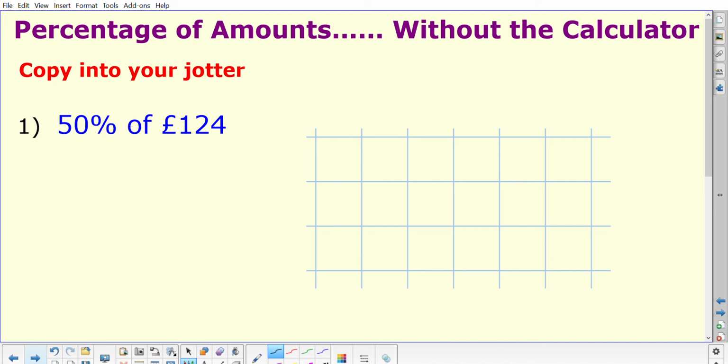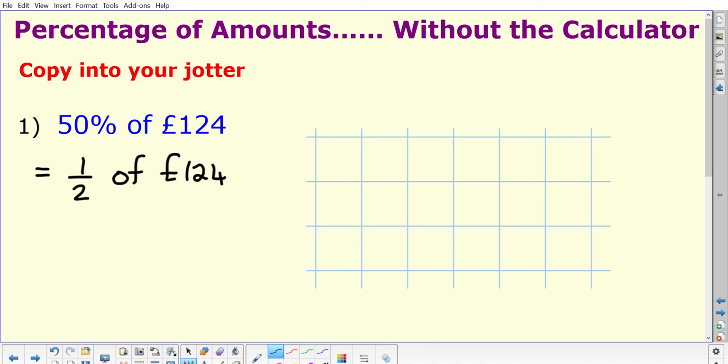So if you are asked to work out 50% of an amount, in the first instance, I want you to write out the percentage calculation, and then say, well, that's just the same thing as doing a half of £124, because we've just learned that 50% is the same as a half.